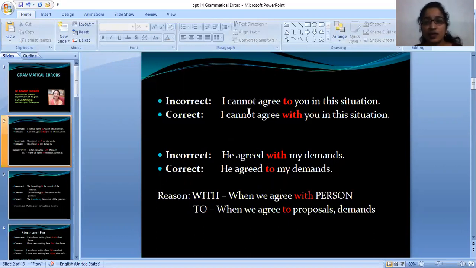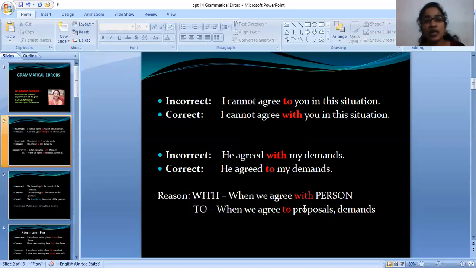So there may arise a little confusion, right? When do we use to and when do we use with? Because in one set of examples using with is correct, and in another set, using to is correct. Then what is this case?